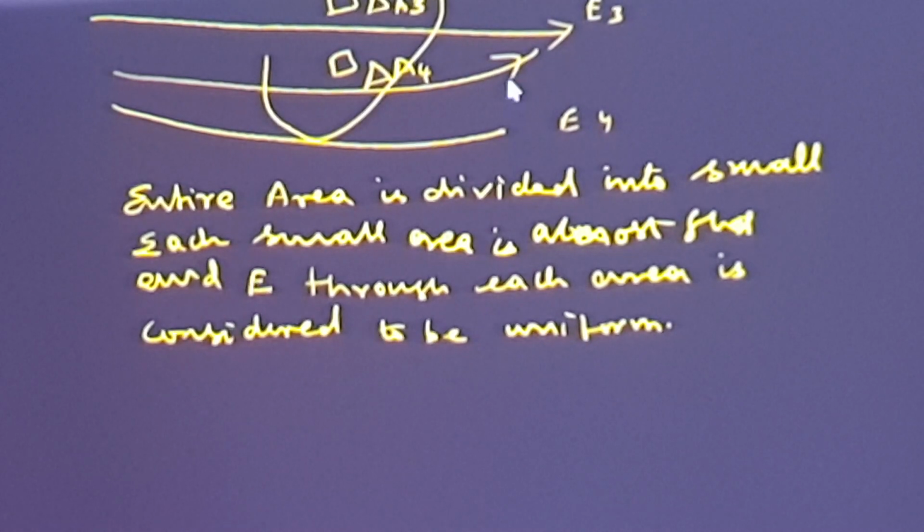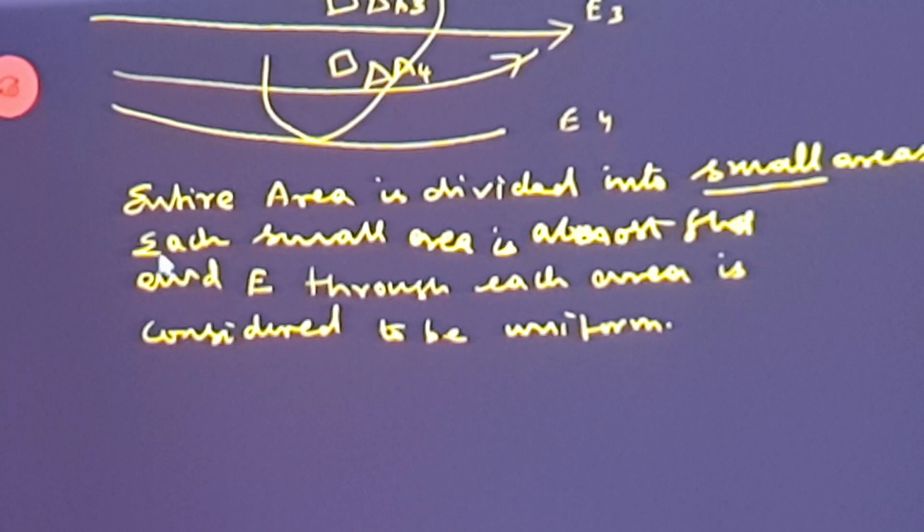So in order to calculate the flux for that area, the whole area is divided into small areas. Each and every small area is now almost flat. And in that small area, the electrical field is taken to be more or less uniform. So we have to consider it as uniform.